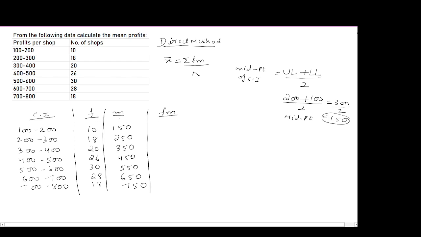So multiply the frequency values with the midpoint of class interval, that is 10 into 150 is 1500, 18 into 250 is 4500, 20 into 350 is 7000, 26 into 450 is 11,700, 30 into 550 is 16,500, 28 into 650 is 18,200, and 18 into 750 is 13,500.